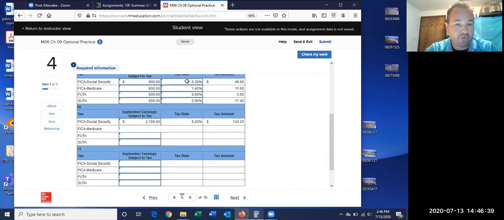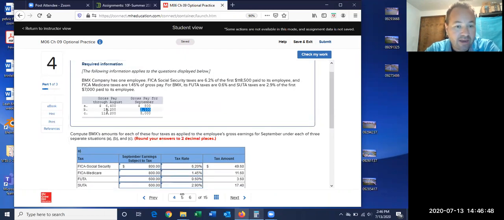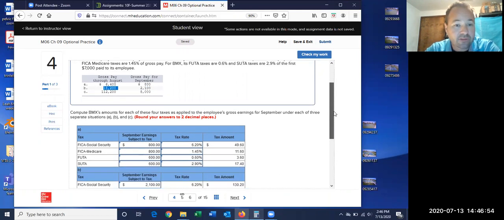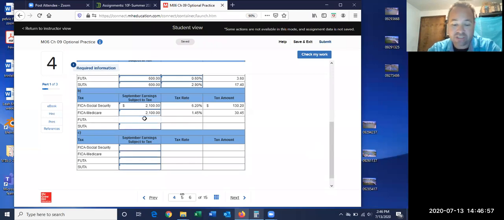It went ahead and just pulled that down, that was nice. Medicare, 2,100. Now for FUTA, if I add the 18.2 plus the 2,100, I'm way over the cap. I'm already over the 7,000. So how much tax am I paying? Nothing for FUTA and SUTA.